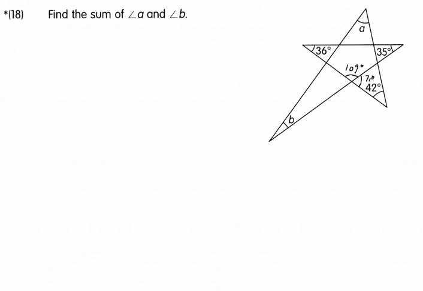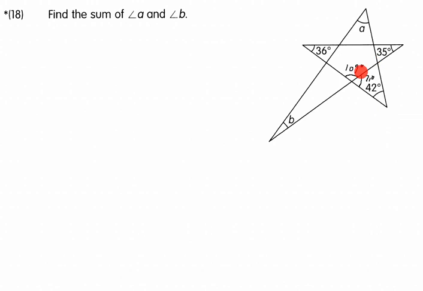So you are using what property? All angles inside the triangle. Which triangle are you using? The one over there below the 109. Is this a triangle? Yeah. You're using this triangle, right?